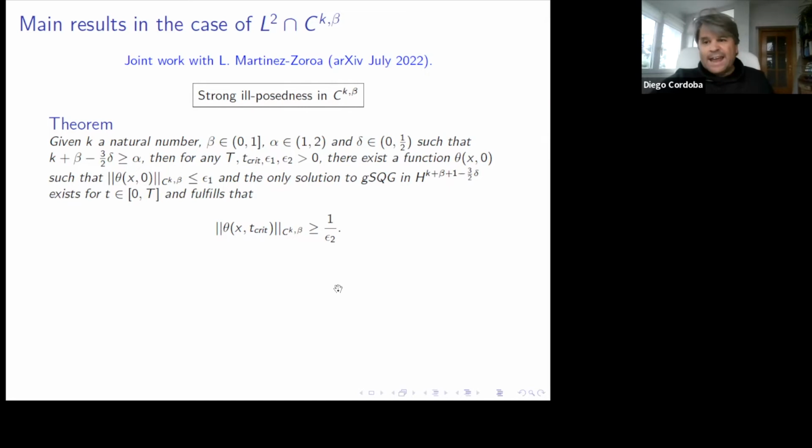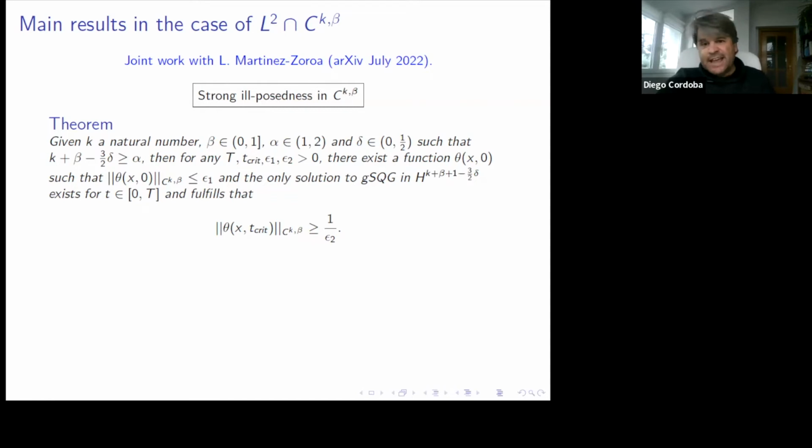Then for any capital T, which measures the existence of these solutions, we can make them exist for a time as large as we want. T-crit is the time at which you guarantee that your solution's Hölder norm is bigger than 1 over epsilon 2. And you choose epsilon 2, and epsilon 2 can be as small as you want.